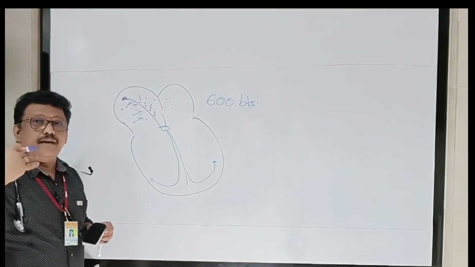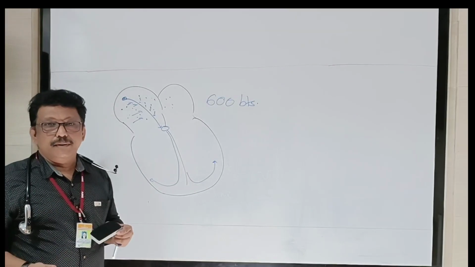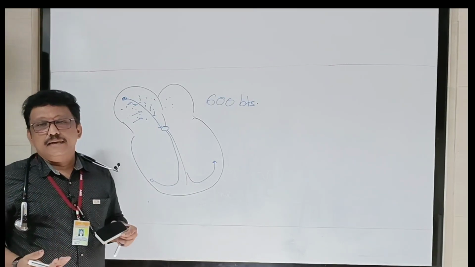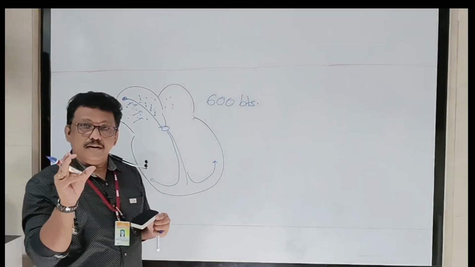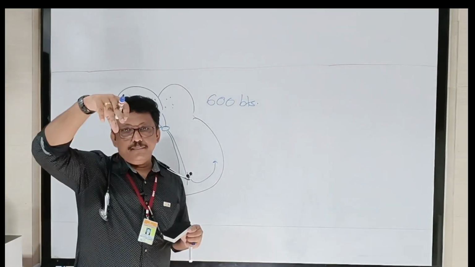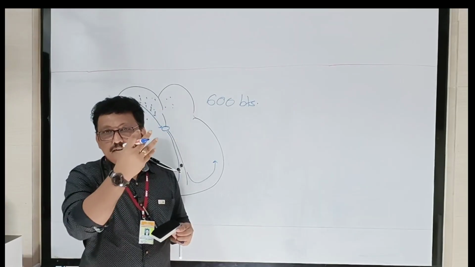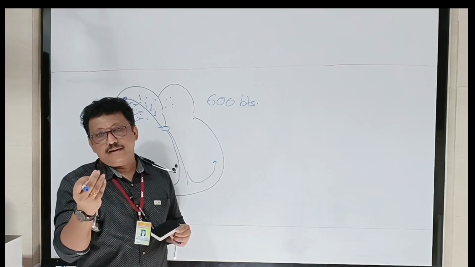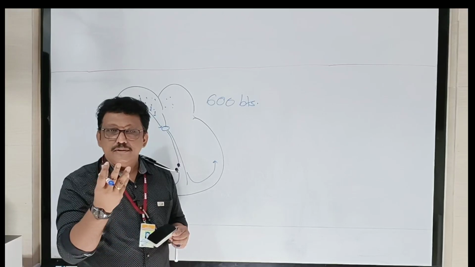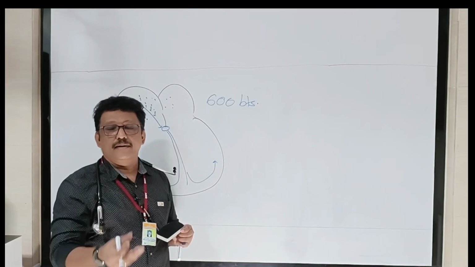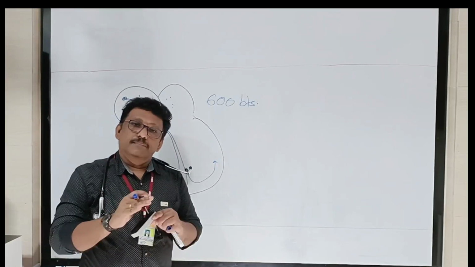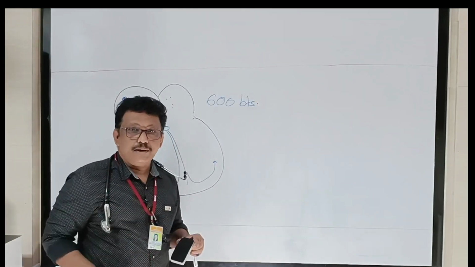Now it is 600 beats per minute. What happens if the atrium beats 600 times a minute and all the 600 go to the ventricle? The ventricle also fibrillates. There is no proper filling or proper pumping. It is only fibrillating, so the patient will collapse because of hypotension.